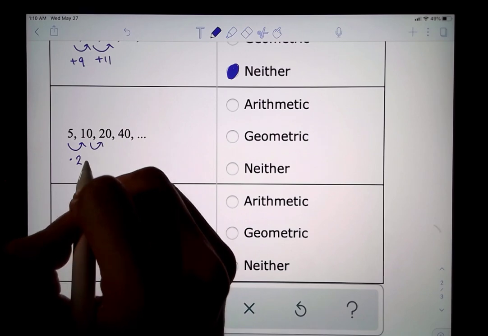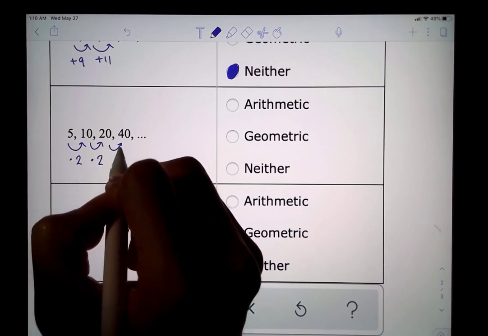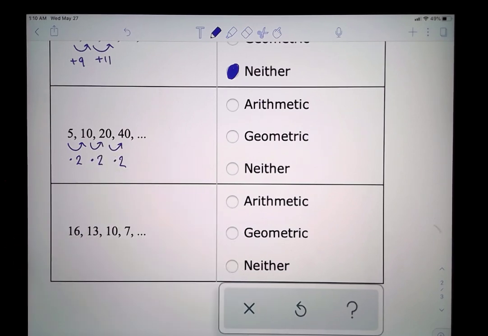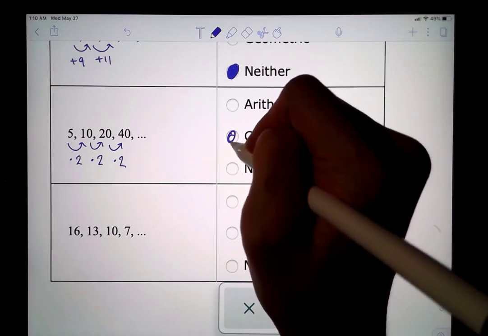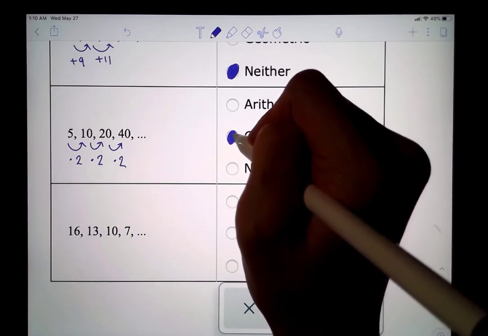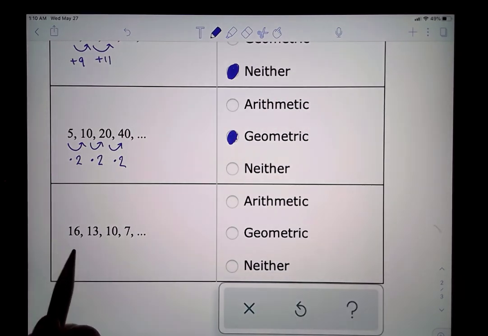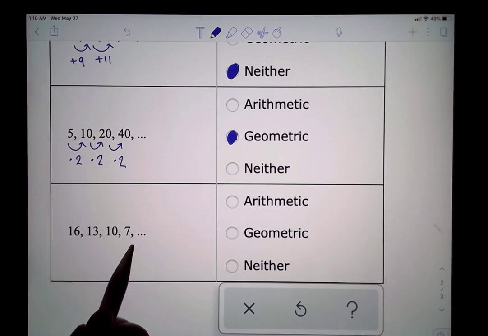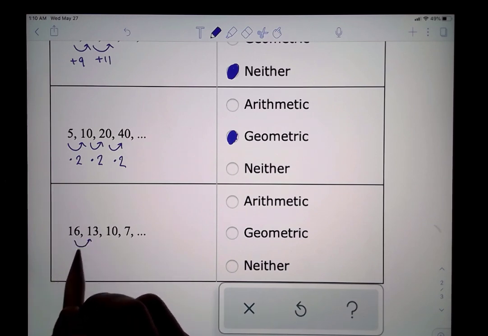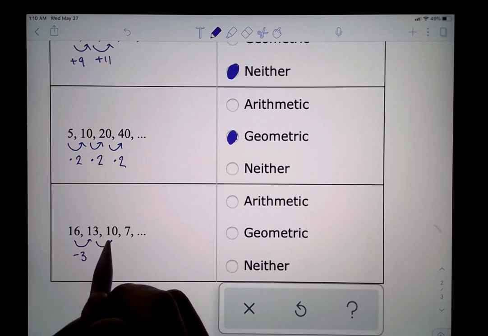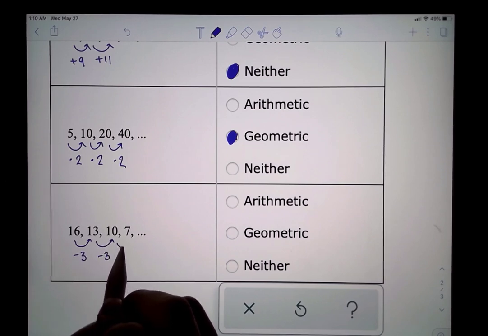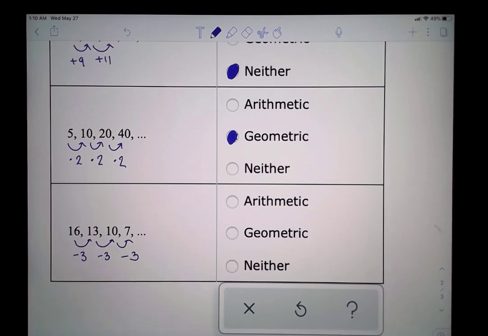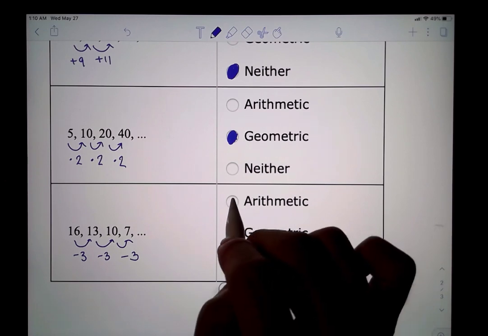So that is geometric. And when you look at this, 16, 13, 10, 7, your number gets smaller by 3. So this is minus 3, minus 3, minus 3. So this is an arithmetic sequence.